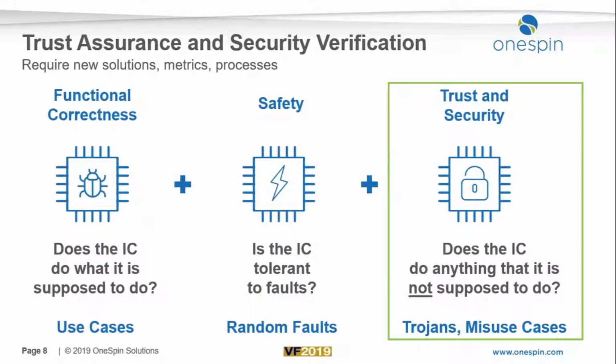When we look at trust and security, we have a nice bunch of customers, but these customers are really our adversaries, and they are not interested in the normal use case. They don't care about the normal use case. They are looking at crazy use cases that can be leveraged to, for example, extract secret information.